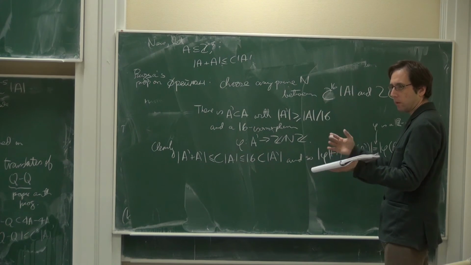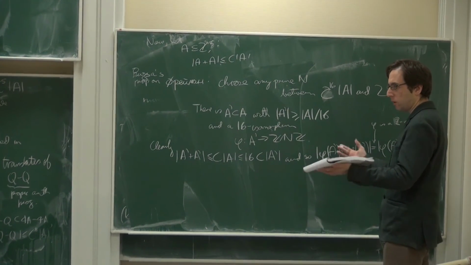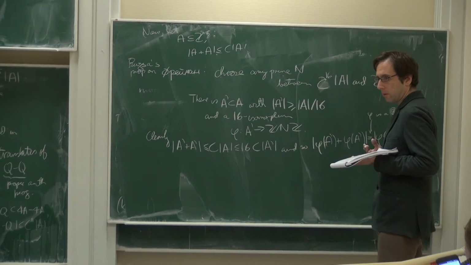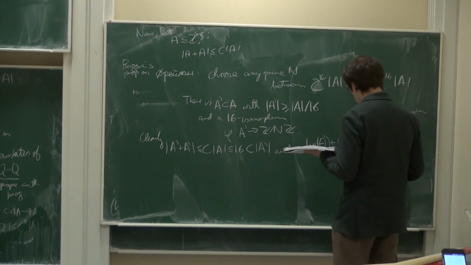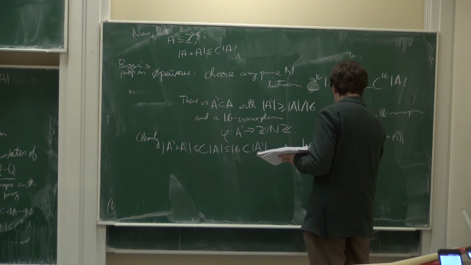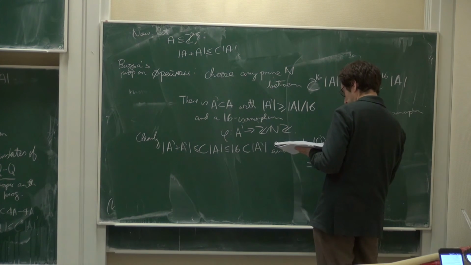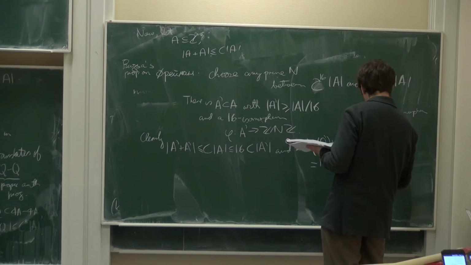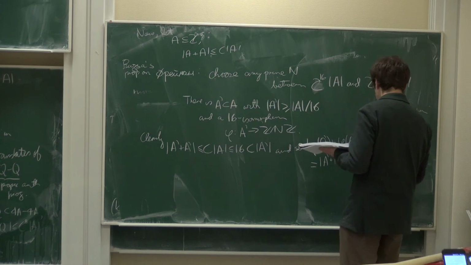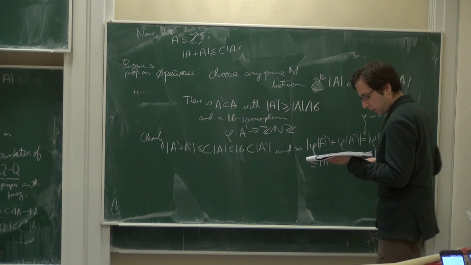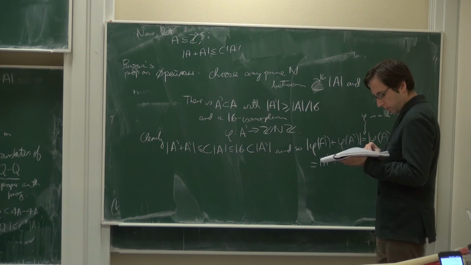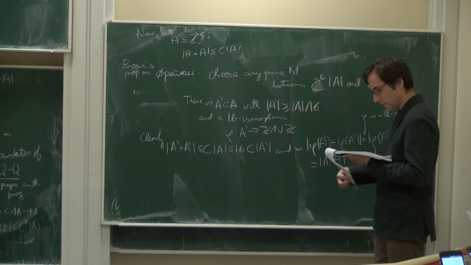If the image of x plus the image of y is equal to the image of z plus the image of y, it's because they were already equal to begin with, and vice versa. So because it's a bijection, this is A' + A', which is at most 16C|φ(A')|. Again, this is the same as the size of A'. All right. Happy so far?